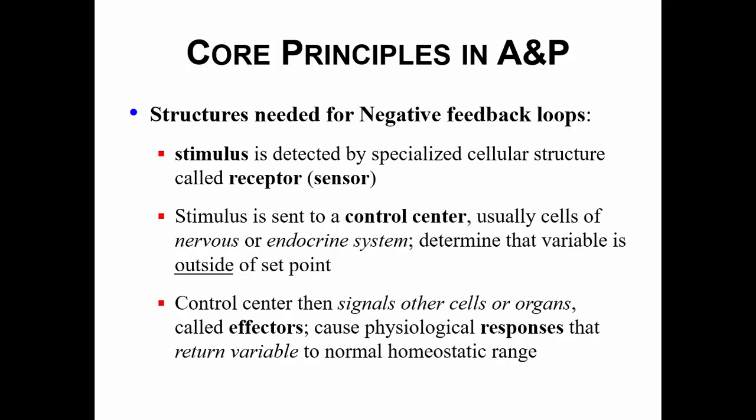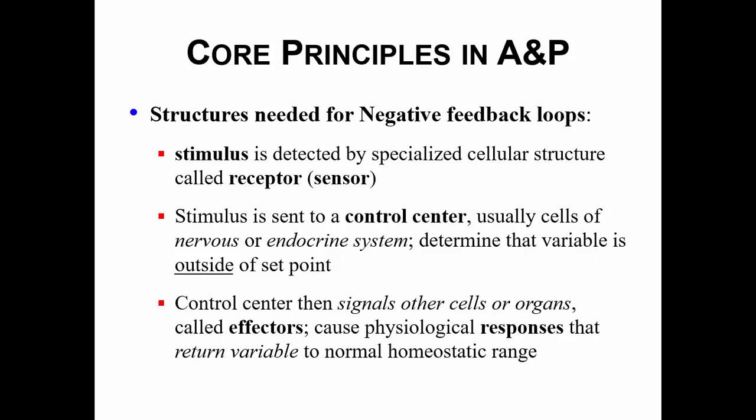Now, in a negative feedback loop, we have a stimulus, a receptor, a control center, and an effector, and it's a loop. The stimulus happens, like your temperature goes up. That's your stimulus. And a receptor or a sensor notices it. And that receptor tells the control center.